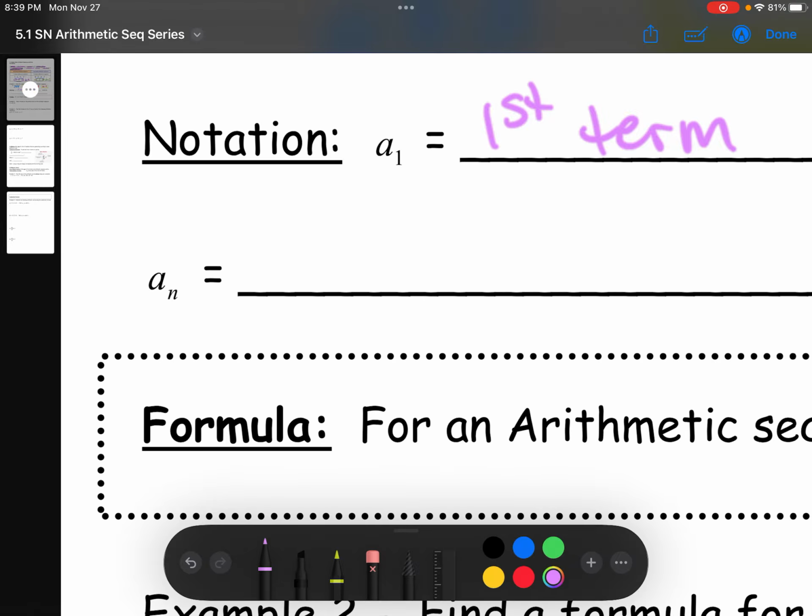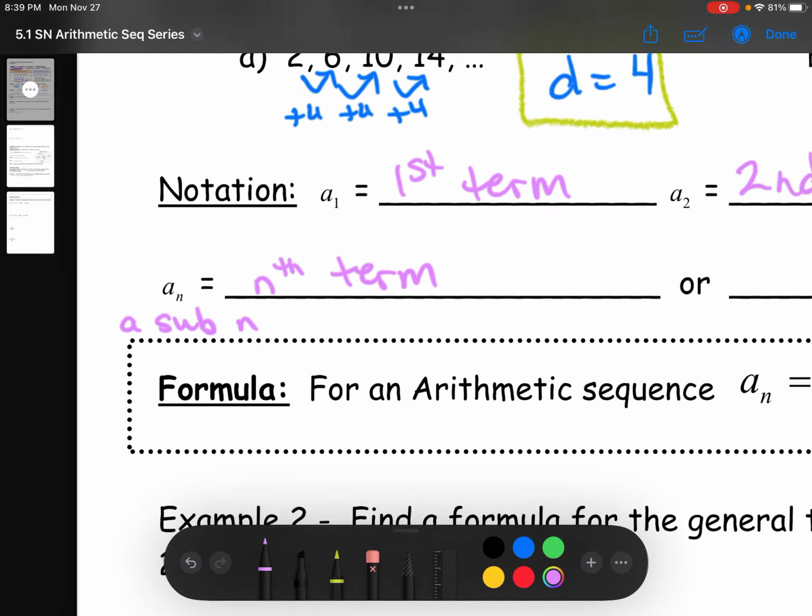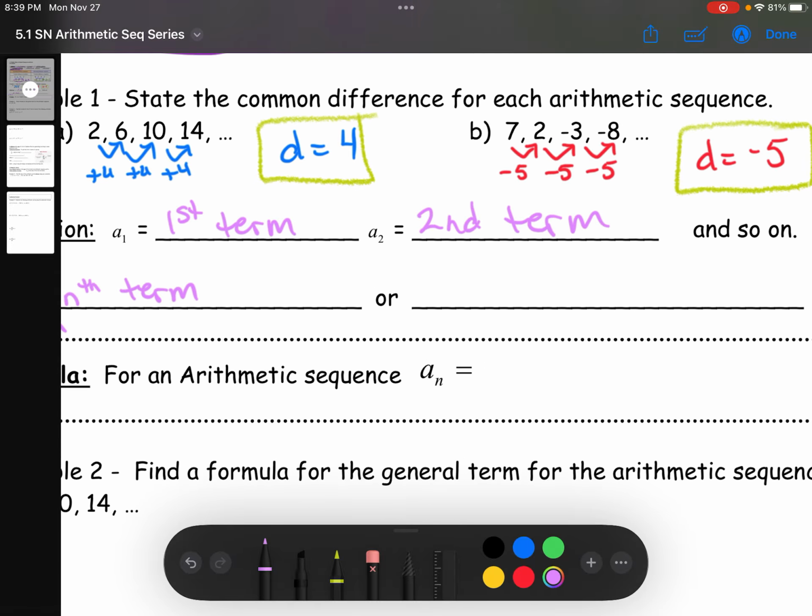A sub n, as in subscript n, is the nth term, nth being a number, or we also call it the general term when it's a formula, the general term or the general rule for that sequence.